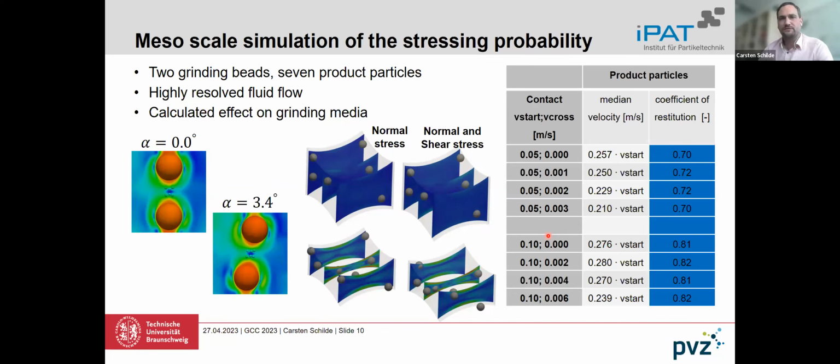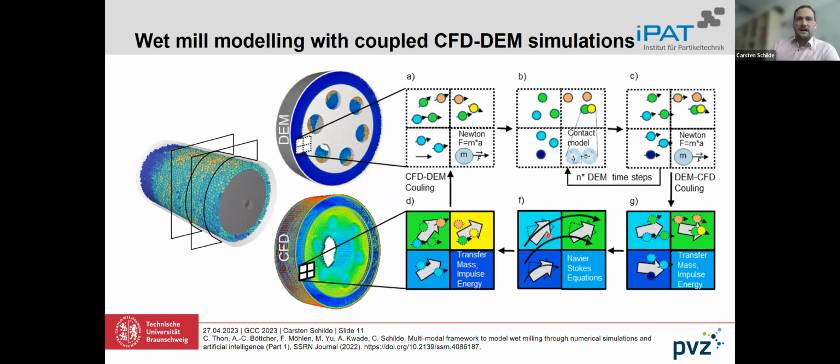So we did a lot of simulations, but to quantify this output, it's hard to do. And afterwards, you have an impression of what's happening with the coefficient of restitution. You can calibrate lubrication models in between the grinding media, which are necessary to simulate, for example, such a mill. And you have also an idea how many particles are captured in between.